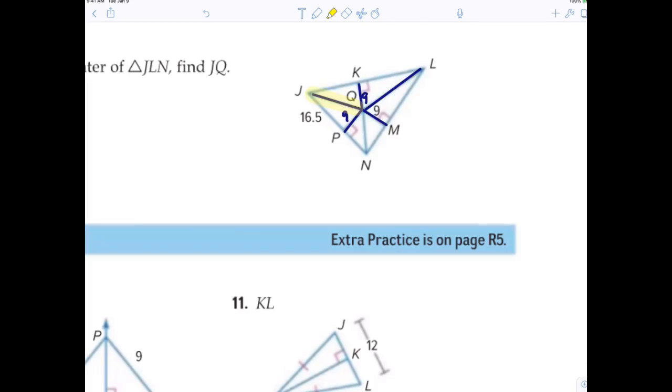I thought I said LQ. So that's all it is. It's just 9 squared plus 16.5 squared equals JQ squared. Right? Yeah. I don't know why I thought it said LQ. Is everybody okay with that?